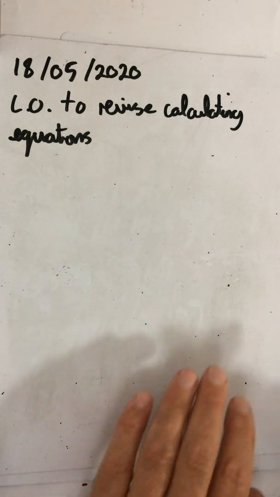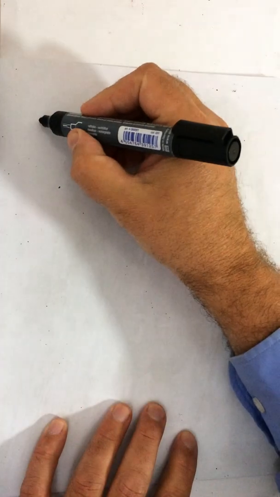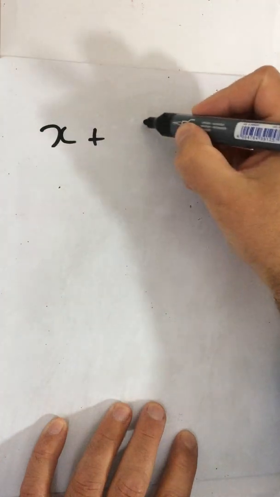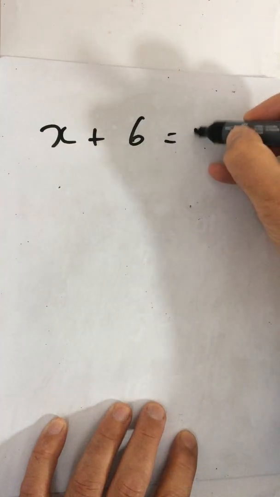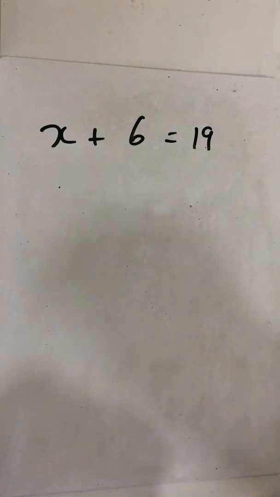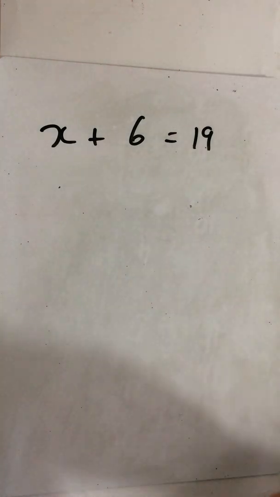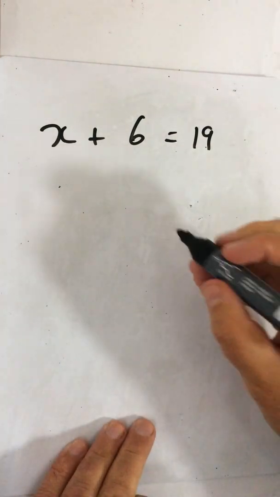So this is section 1. Again, if you get to the point where you cannot do the questions I leave you at the end, then you need to tell me, and we'll start again with it. So, let's have this as an example: x plus 6 equals 19. Now I'm going to go straight into the method. What we need to do is find the value of x.